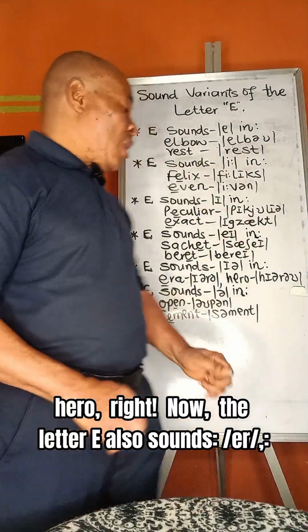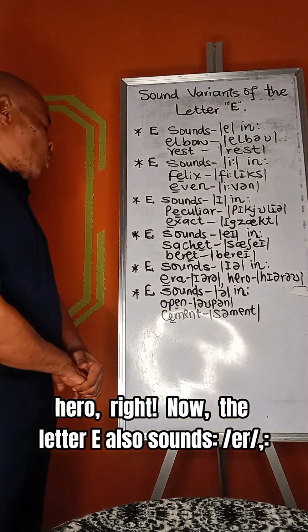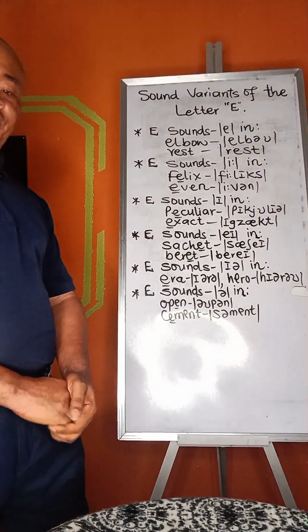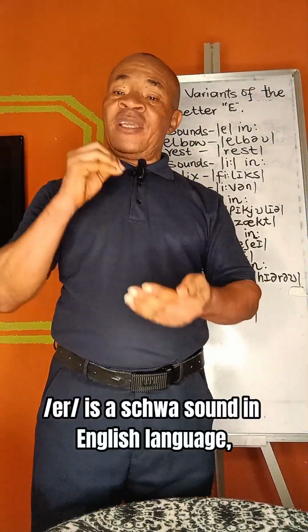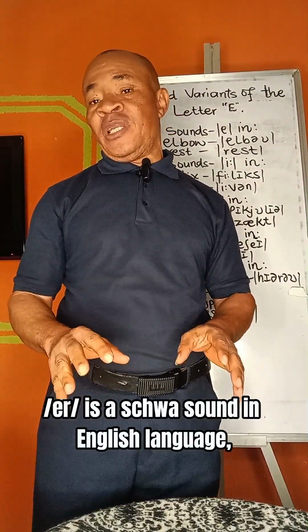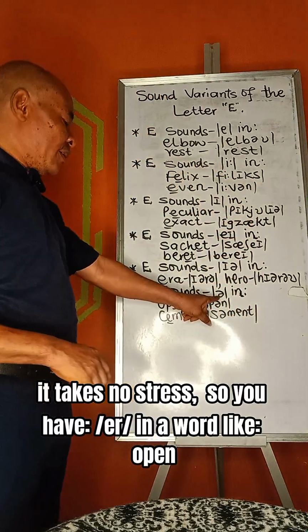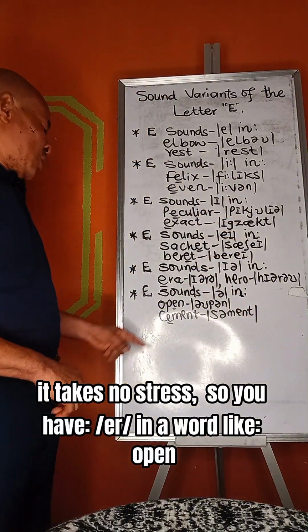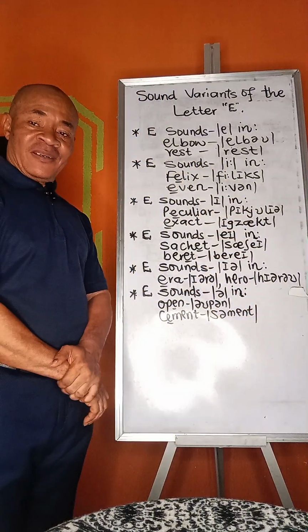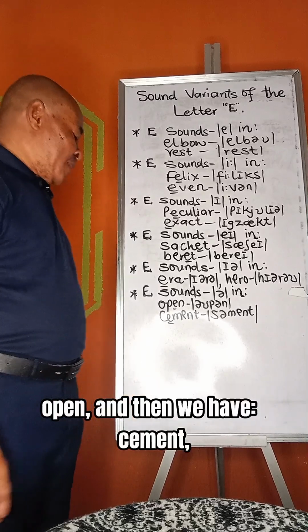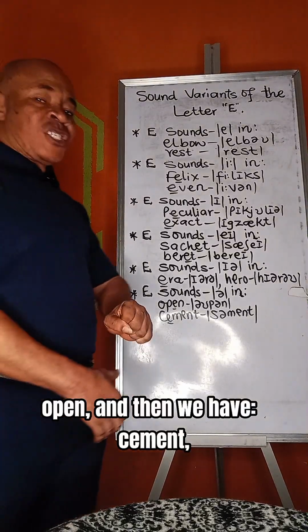Now the letter E also sounds as a short sound in the English language. It takes no stress. So you have it in a word like open, and then cement.